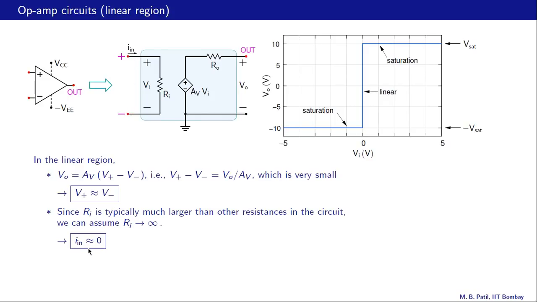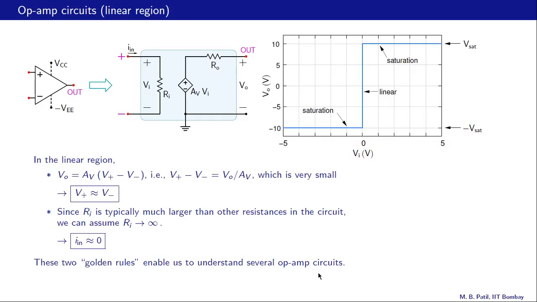So the input current of the op-amp then is approximately 0. So for all practical purposes, we can ignore it. So these two are like our golden rules, and they will enable us to understand several op-amp circuits in which the op-amp operates in the linear region.